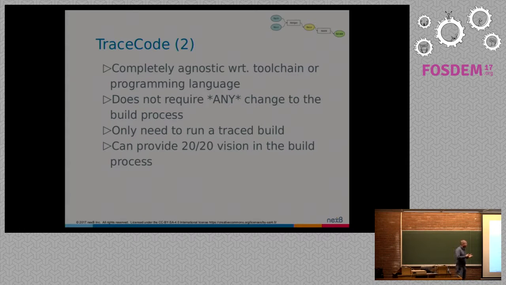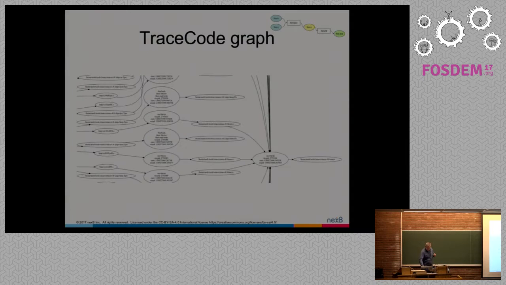So it's agnostic, doesn't know about the tool chain. It doesn't require anything to change. You just need to install strace and tracecode and run your build, prefixed with strace and a few command line magic invocations, which are documented. You could run cmake, gcc, gmake, it doesn't really matter.